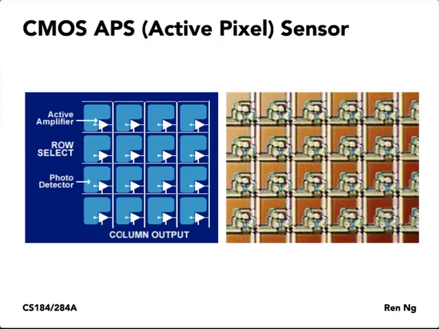CMOS is based more like a memory, like a physical memory. A memory is sort of laid out in a 2D array, oftentimes on the chip surface. And so if you imagine that you lay out a memory where you can read from each individual cell, you need to be able to select which row it is and which column it is, and then you need to be able to read out the charge or the voltage at that memory location. That's the concept.